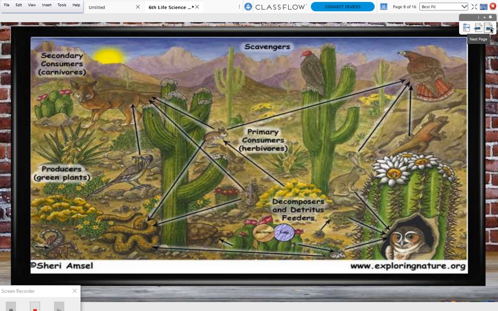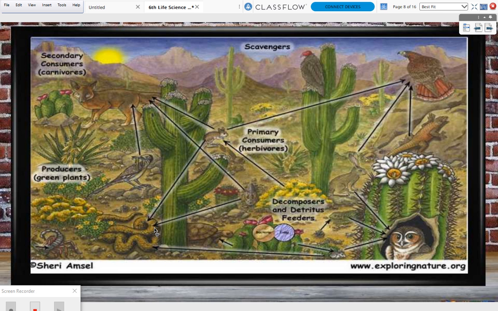Here's a picture of a desert ecosystem, and in this picture you can see both plant and animal species, and the arrows indicate who gets their energy from what. So the arrows point towards who's gaining the energy. So for example, the snake here, it gets its energy from all these different species that are pointing towards it, like this mouse and this mouse, and I'm not quite sure what this critter is.